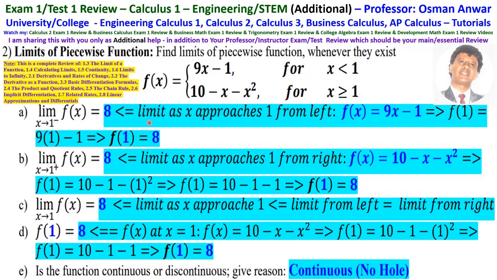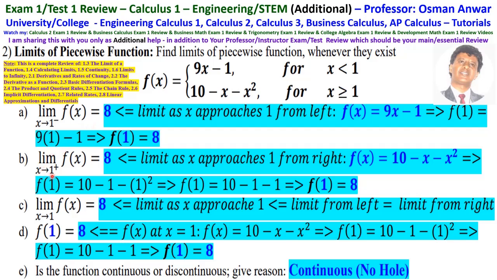So limit as x approaches 1 from the left, which is obviously when x is less than 1. That means it is f of x equals 9x minus 1. Then f of 1 is 9 times 1 minus 1, which is equal to 8. So limit as x approaches 1 from the left is 8.